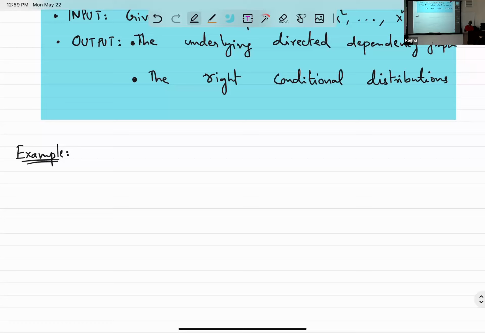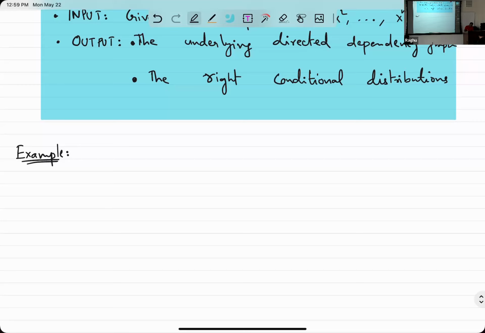If I give you an arbitrary distribution, is there a dependency graph which explains it? Exactly. For any distribution, there is a trivial conditional dependency graph.